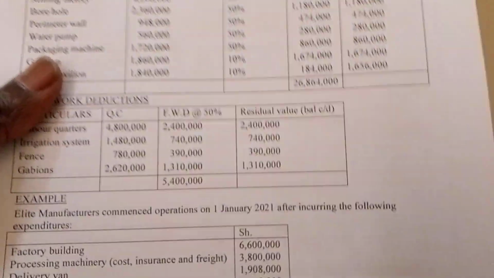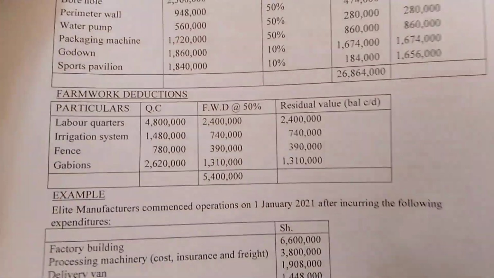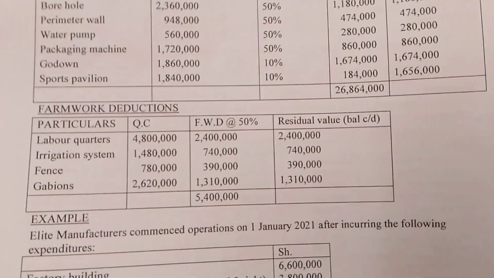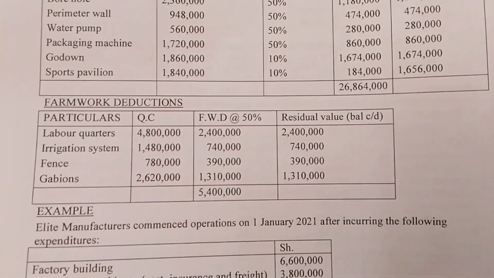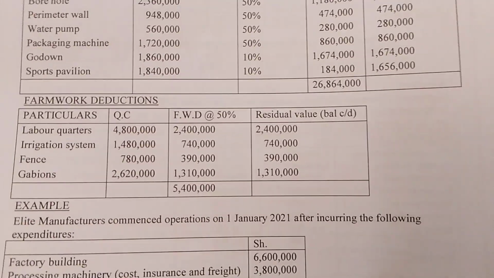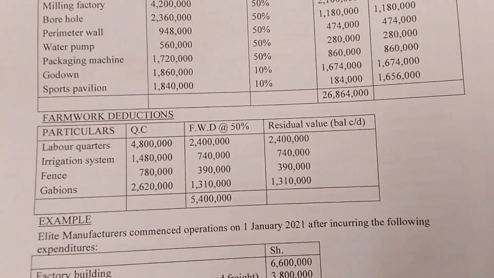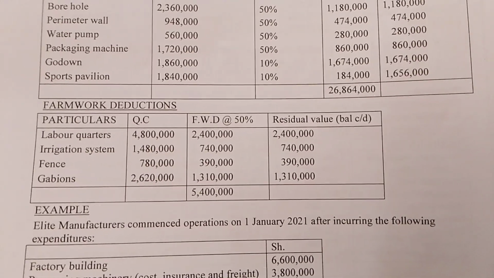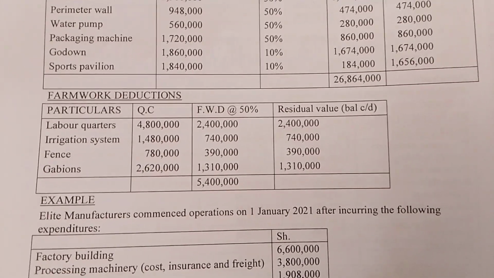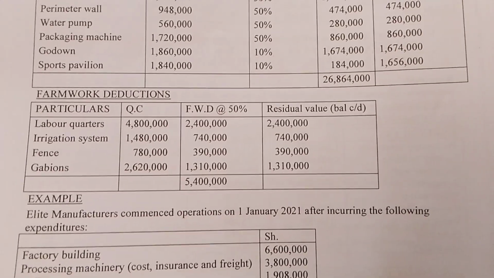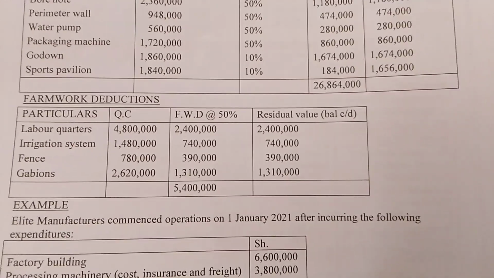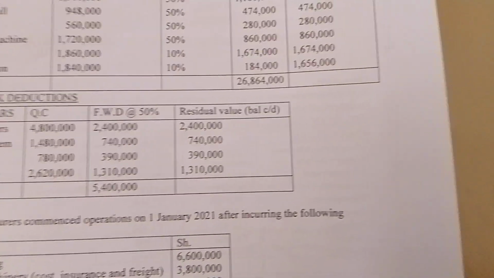Then we have farm work. Farm work deductions are also important. In this question, there are those items which we should grant farm work deductions. Farm work deductions are granted at 50%. So labor quarters, irrigation systems, fence, the gabions. You can see farm work deductions at 50%. If you less that, you are left with the residual value.